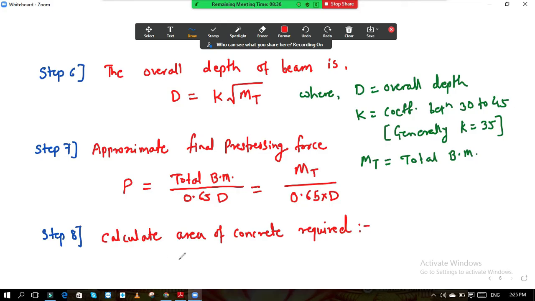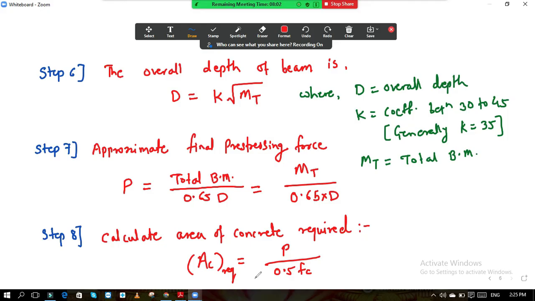So area of concrete, here you can say AC, area of concrete required. This is the area of concrete required, which is equal to P divided by 0.5 FC.